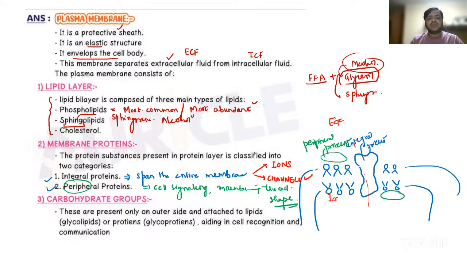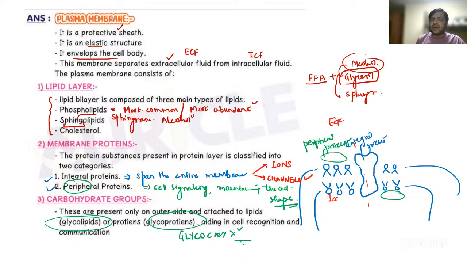Coming on to the carbohydrates, guys. Remember that they are present on the outer side, unlike the peripheral proteins that are present on both sides, the outer part and the inner part. The carbohydrate is present only on the outer part, right? And carbohydrates are nothing but glycolipids or glycoproteins, and together they form the glycocalyx.